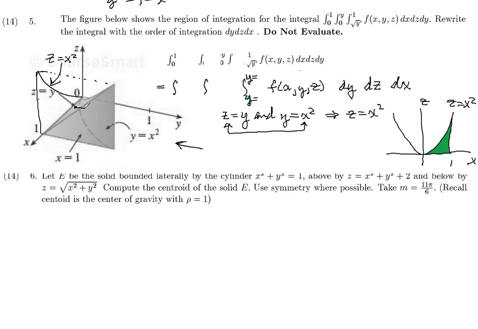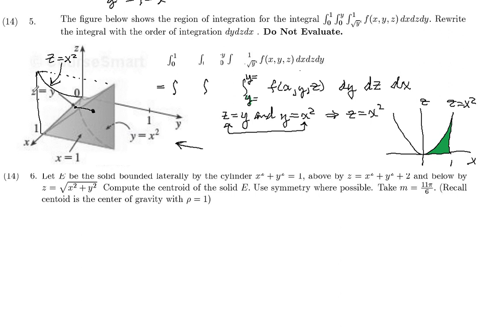So you're going to go in the y direction, and the endpoint of the segment is hitting the back side of the surface that you can't see. So it starts at z equals y, this plane, and it ends at this surface here, which is y equals x squared.